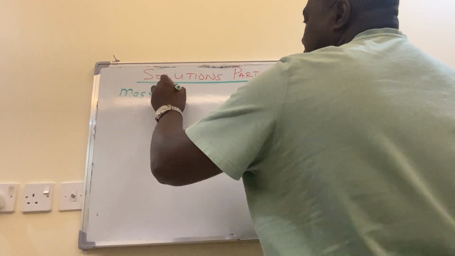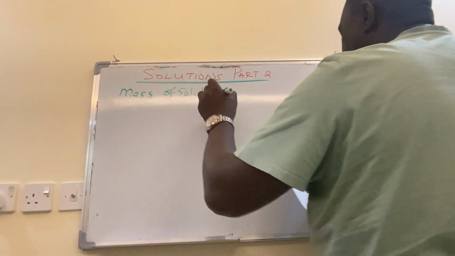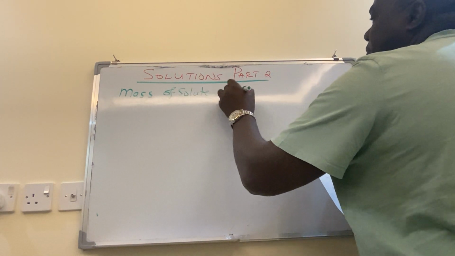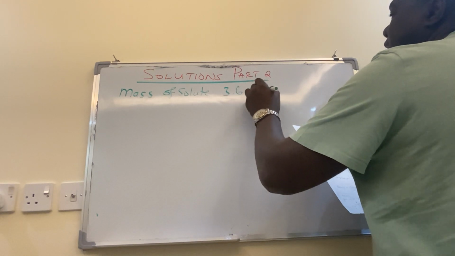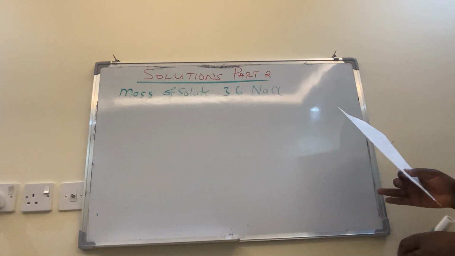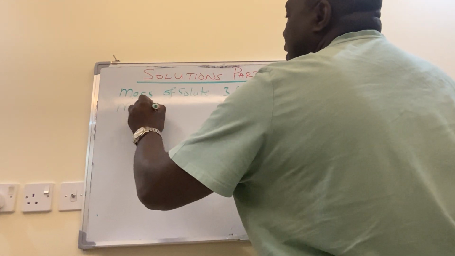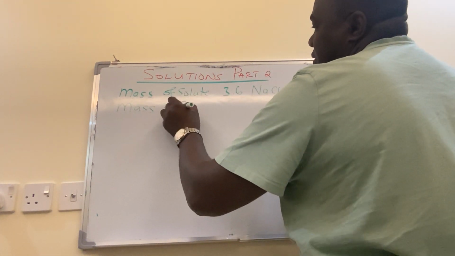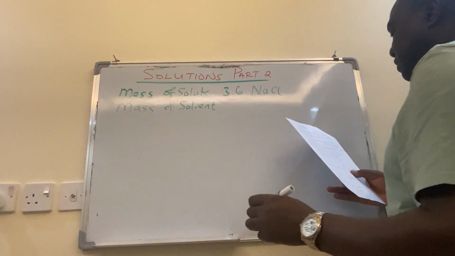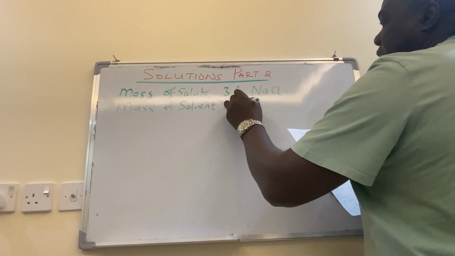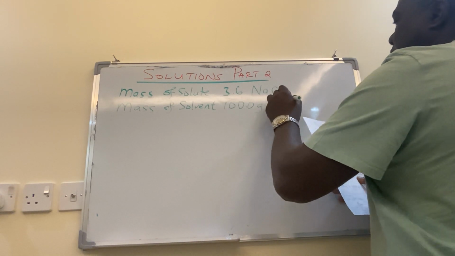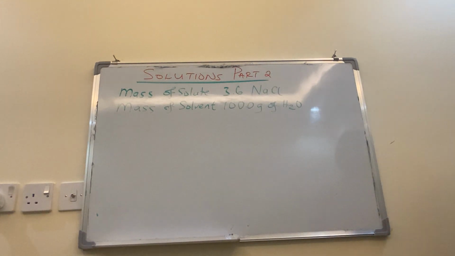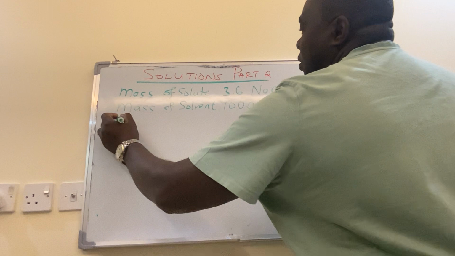The mass of solute was given as 3.6 grams of sodium chloride, and the mass of solvent was given as 100.0 grams of H2O. And we are now being asked to calculate the percentage by mass.